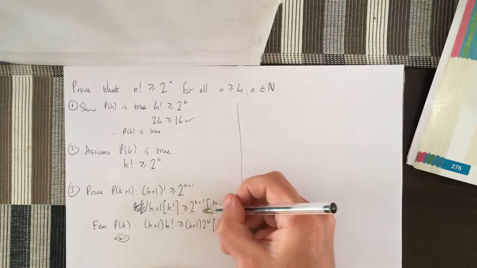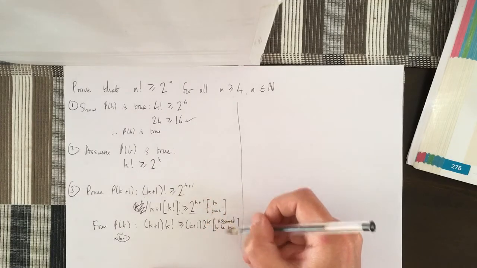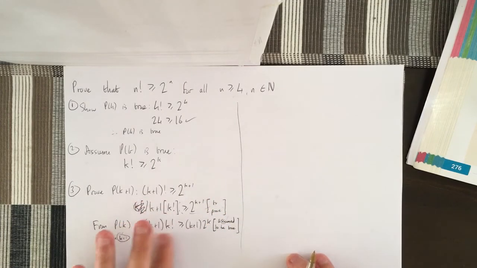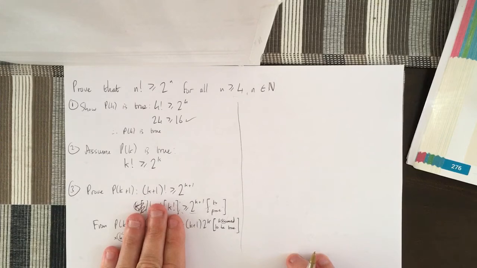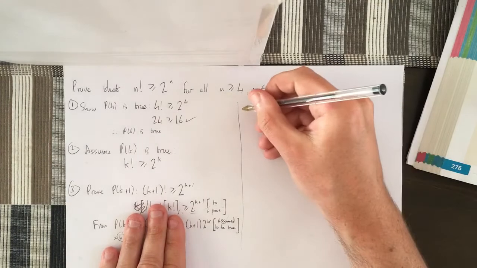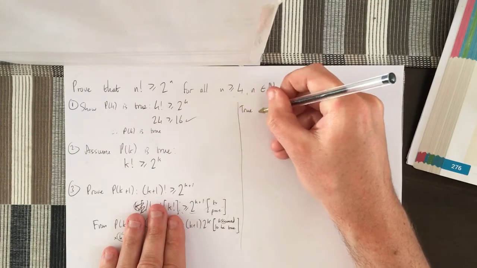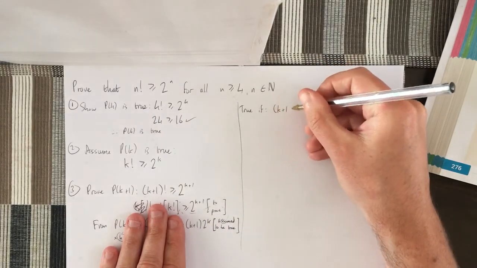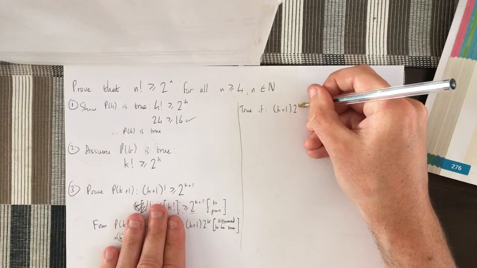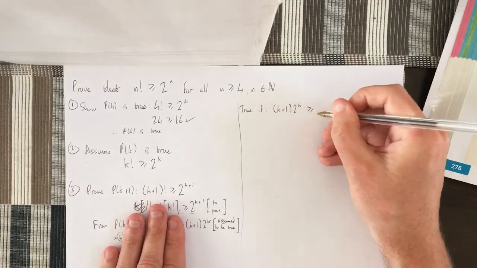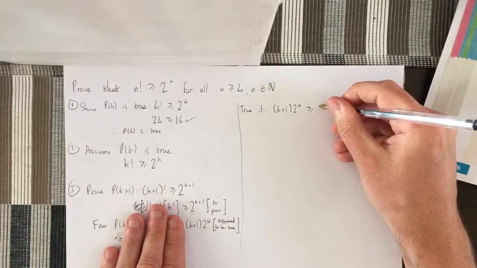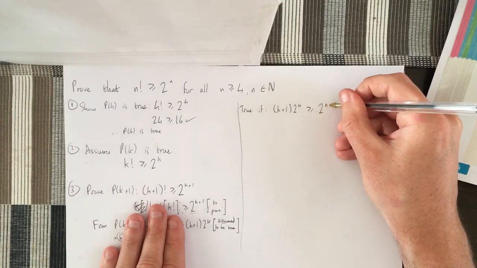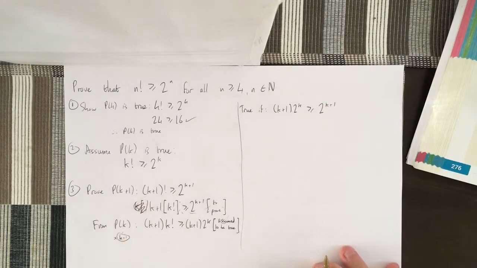So you can nearly bring this one in down here. I'm going to carry on the inequality, but then just look at this bit. So true if (k+1) times 2 to the k is greater than or equal to 2 to the k+1.